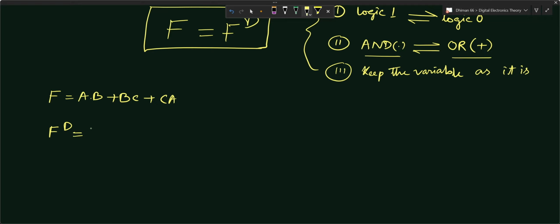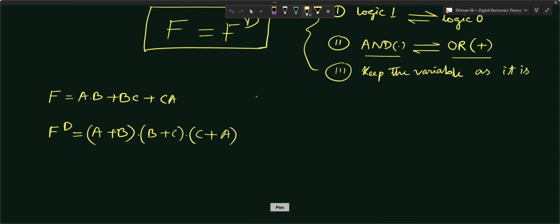So a dot b, we write as (a plus b). Why am I putting brackets here? Because we have a plus here, and this plus will be replaced with a dot. Next we have b dot c, so we write (b plus c). Next we have an OR operation, so we replace it with an AND operation. Next we have c dot a, so this is written as (c plus a). This is the dual of the given function. Fd is the dual of this given function.